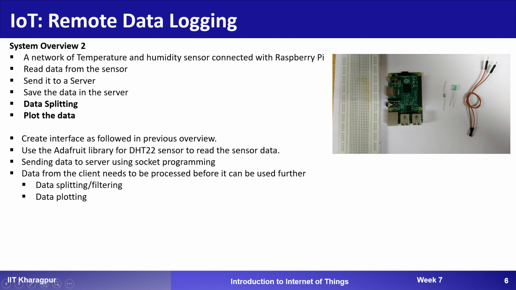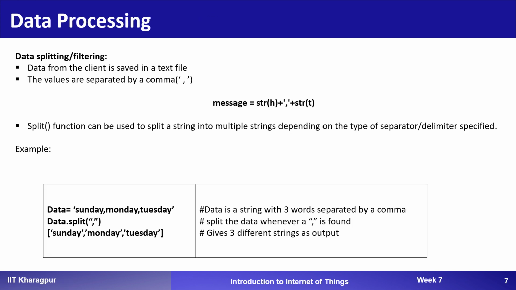In order to do that, first we need to split the data, because data can be connected with each other with the help of various symbols, for example commas, hash values, anything. So in order to read the data, we need to remove those symbols. For that, we need to perform data splitting.